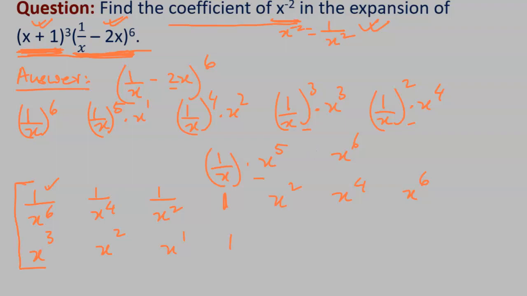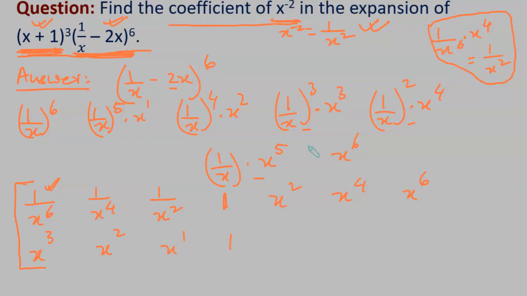So with what should it get multiplied to give us 1 over x to the power of 2? Obviously x to the power of 4, because 1 over x to the power of 6 times x to the power of 4 should be giving us 1 over x to the power of 2. You have to have a clear concept on indices. Okay, otherwise it will be a bit difficult for you.